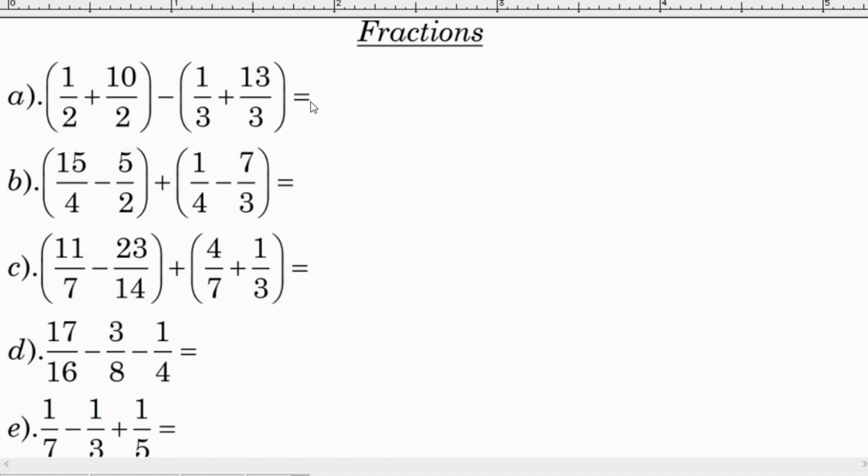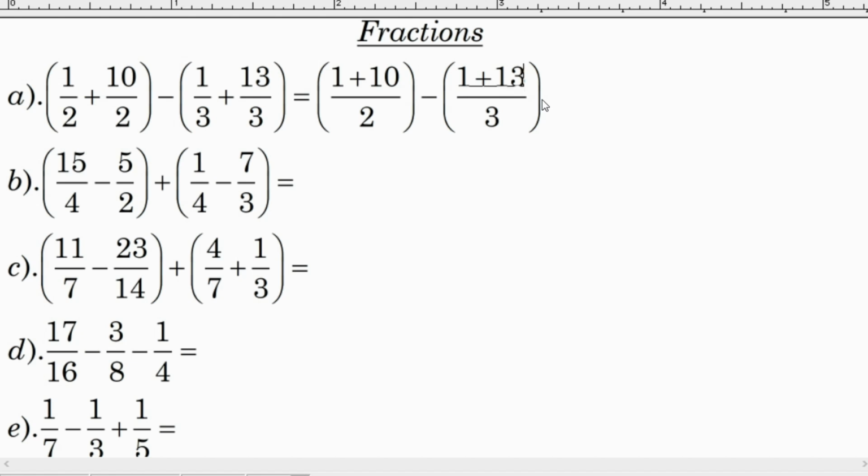So here we have the same denominator 2 and then we take 1 plus 10, and then minus, here we have 3 as the same denominator and then 1 plus 13.